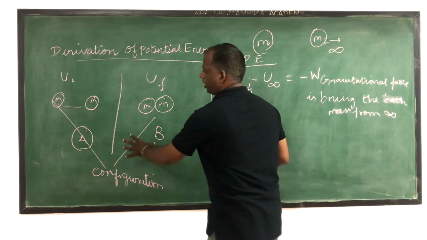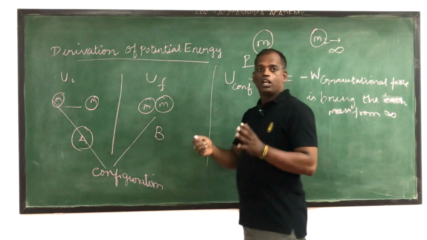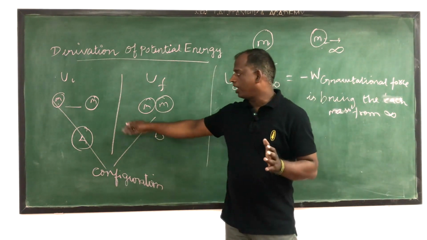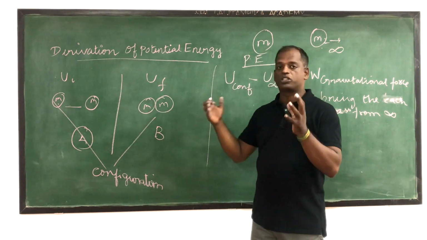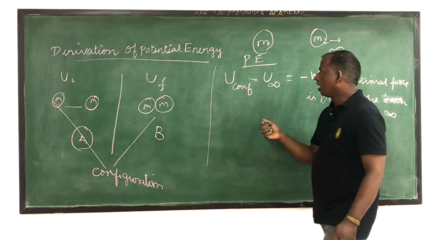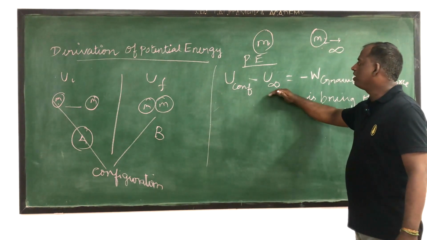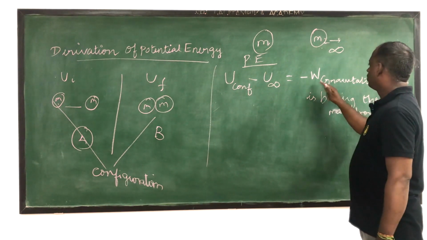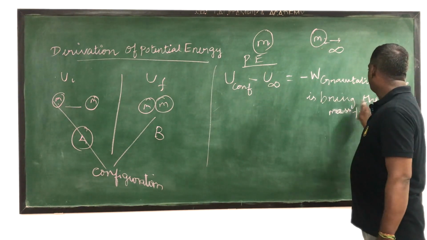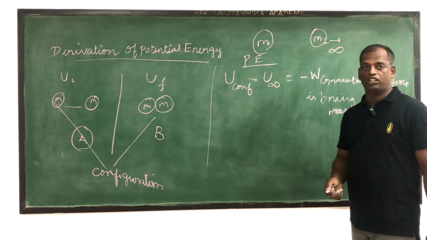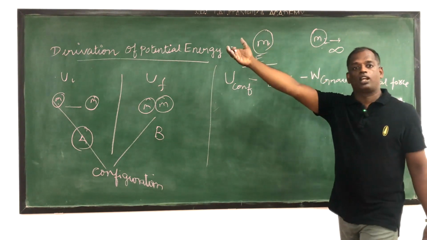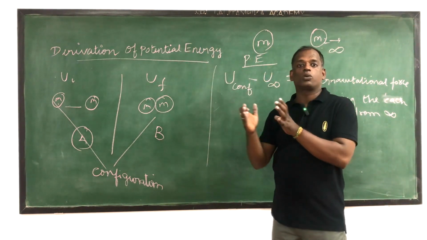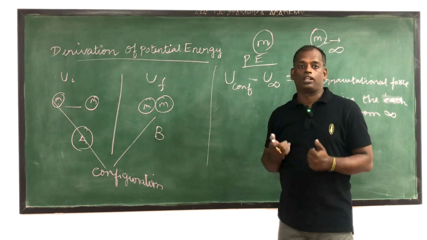So இதுதான் configuration. Configuration என்ன சொல்றாங்கன்னா ரெண்டு மாஸ் A ல செப்பரேட் ஆயிருக்கு, B ல ரெண்டு மாஸ் ஒண்ணா இருக்கு. So அப்ப என்ன சொல்றாங்க, U configuration minus U infinity, that is the work done by the gravitational force in bringing each mass from infinity. So ரொம்ப தூரத்துல இருந்து ஒரு மாஸ் கிட்ட கொண்டு வரது தான் அது potential energy.